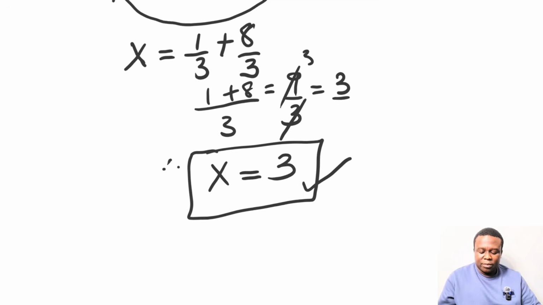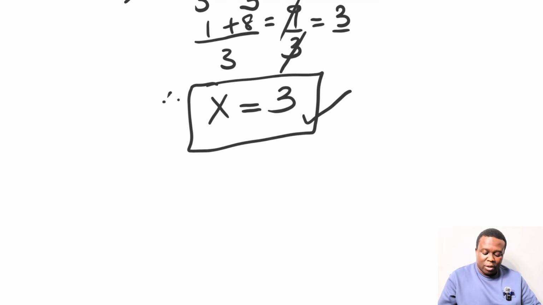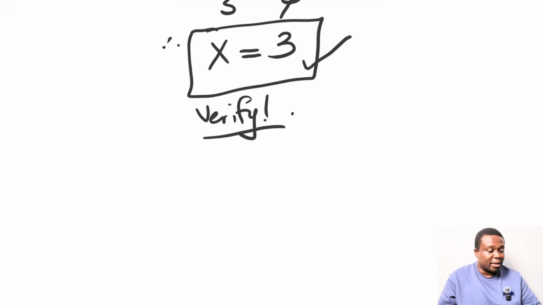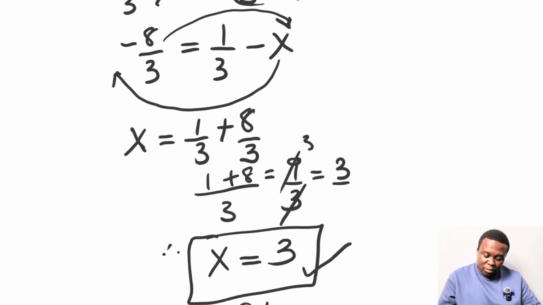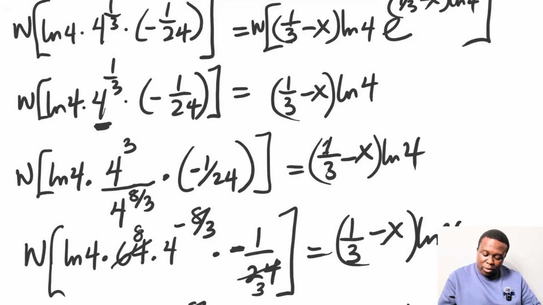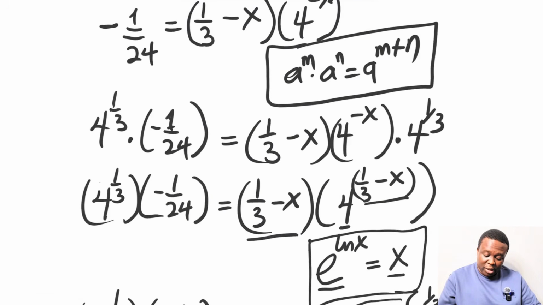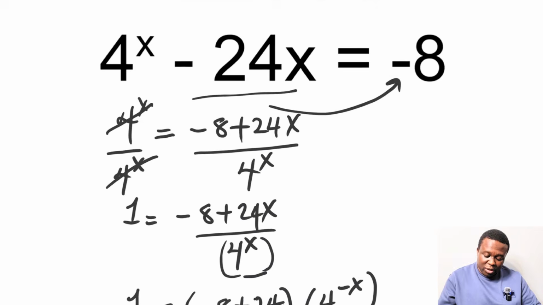That's our answer. Now, we're going to go ahead and verify to see if this is correct. So let's go all the way to the top from where we started and get the equation.